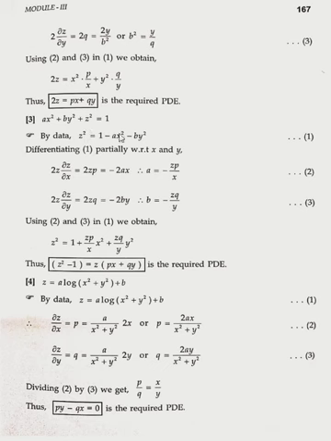Similarly, differentiate with respect to y. What is the differentiation of z square? That is 2z into dou z divided by dou y. What is dou z divided by dou y? It is q. Differentiating the right side with respect to y, keeping x as constant, the differentiation of 1 is constant 0, a into x square is constant 0, minus b into the differentiation of y square, 2y.